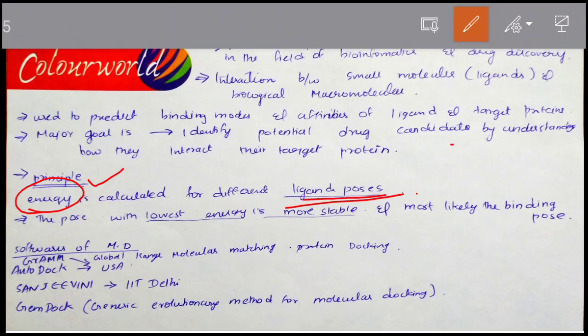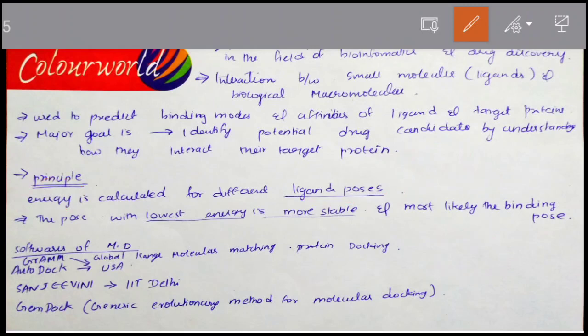This is a macromolecule and this is a micromolecule, or the ligand. It goes and binds with different sites of the protein. Where the energy is low, at that site it would form the more stable binding pose.